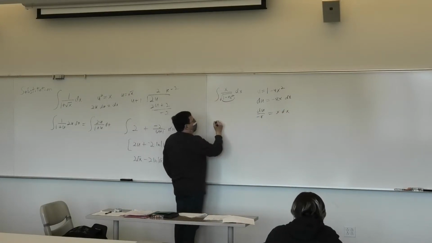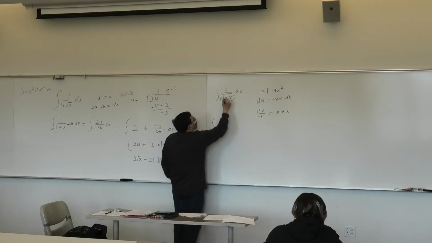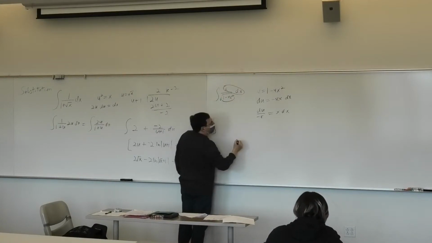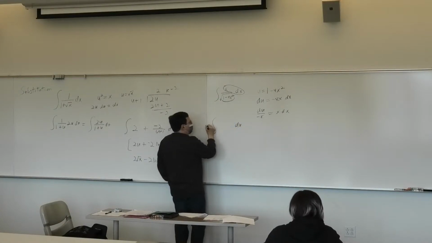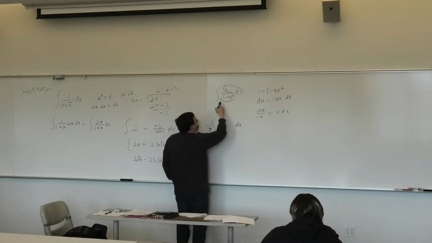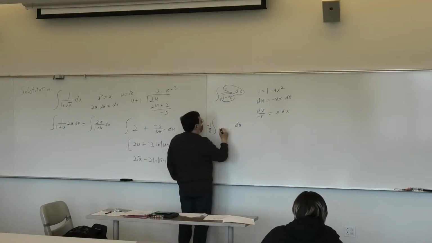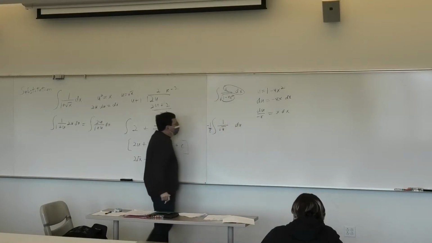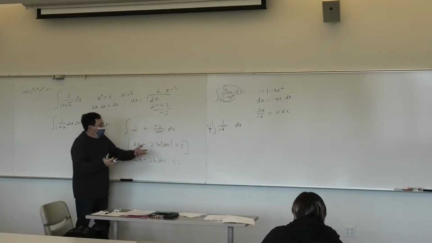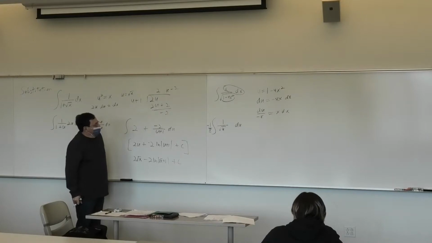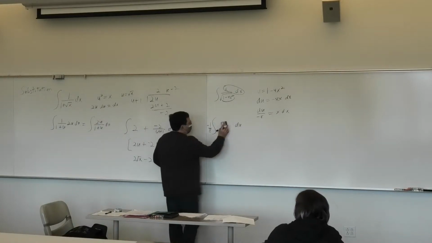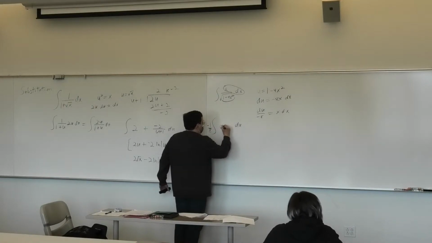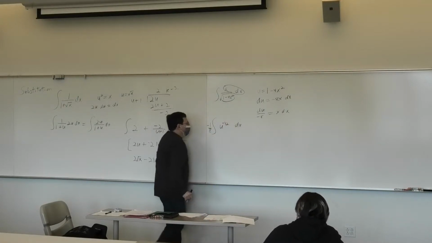So what does this become here? Well, x dx becomes du times negative 1 over 8, and square root of 1 minus 4x squared becomes square root of u. And then we look at that and we say, that's an integral I know how to do, because this is just u to the minus 1/2.